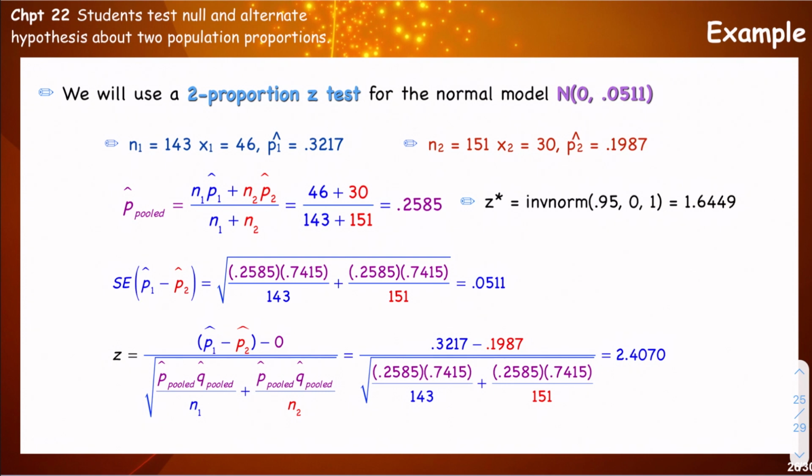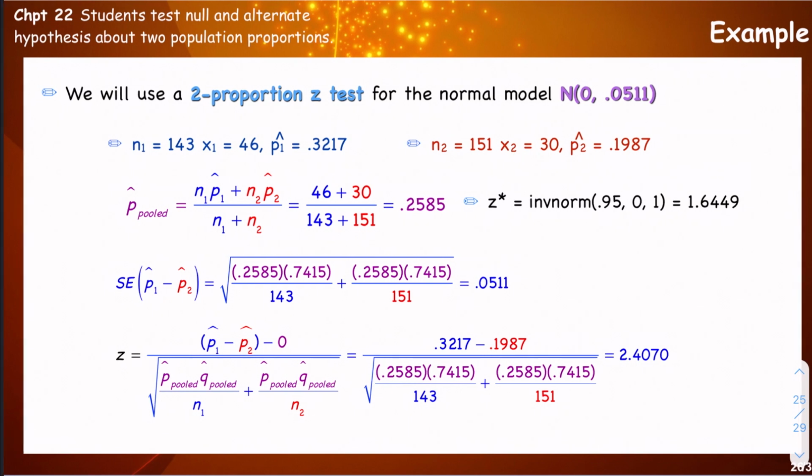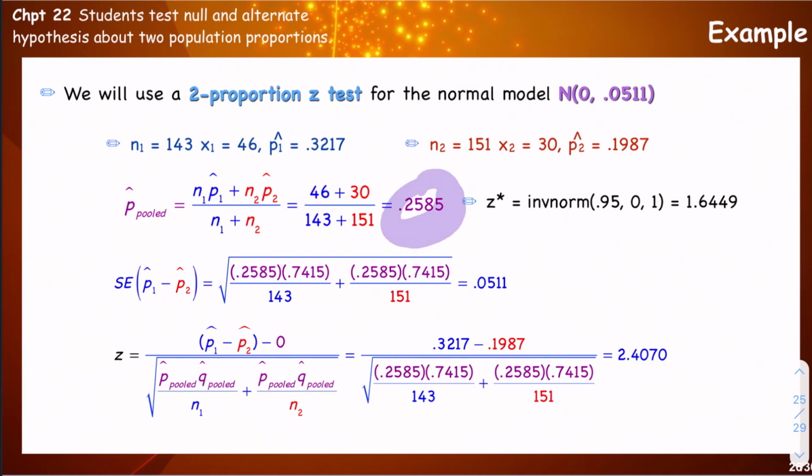So on the notes, we see our pooled proportion is (n1p1 + n2p2) over (n1 + n2), which is 46 plus 30 over 143 plus 151. That is 0.2585. That's what we got on the calculator. With our inverse normal score of 0.95, 0, 1, using an alpha level of 0.05, because this is a one-tailed test.